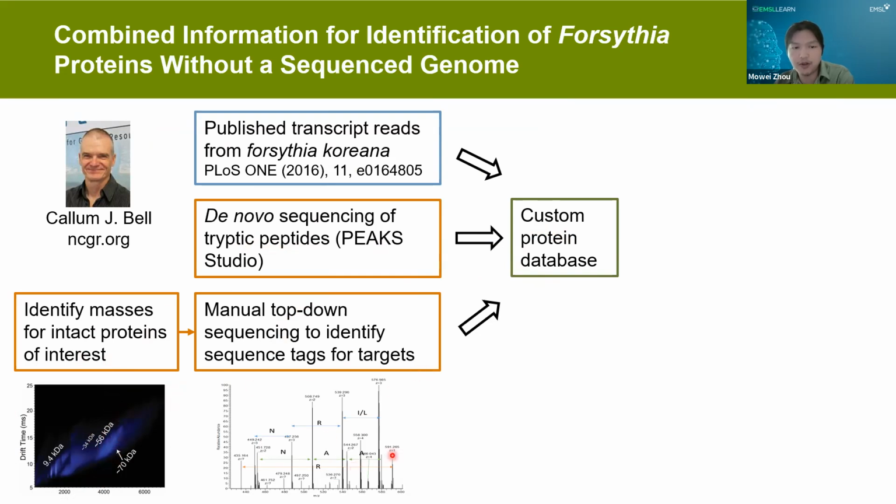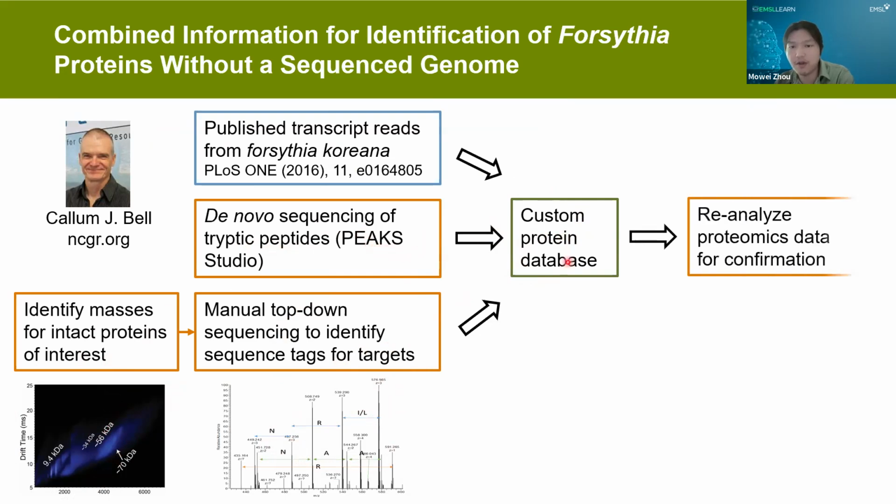With the top-down, we can manually do some de novo sequencing to get sequence tags for some of the masses we're going after. We can look up those sequence tags in the custom protein database and further manually validate those sequences. And once we confirm this, we can reanalyze the data to confirm it.